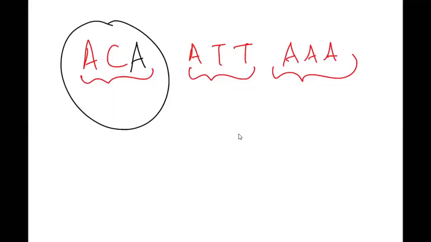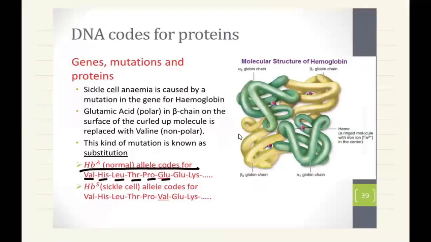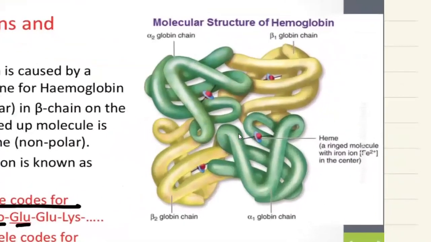If I recap, this is what I told you last time: hemoglobin is a globular quaternary protein made up of heme and globin. Heme is the prosthetic group, where we have heme groups with iron atoms, and their job is to bind to oxygen, right?